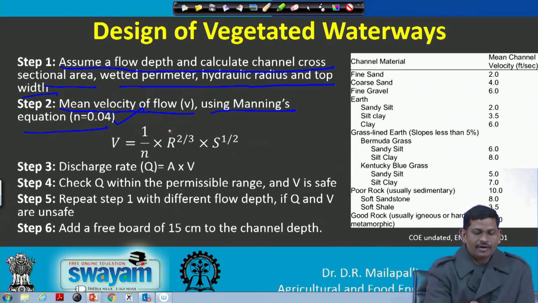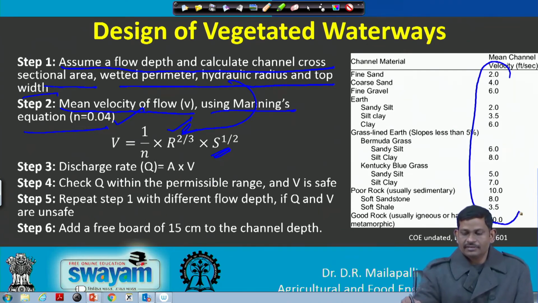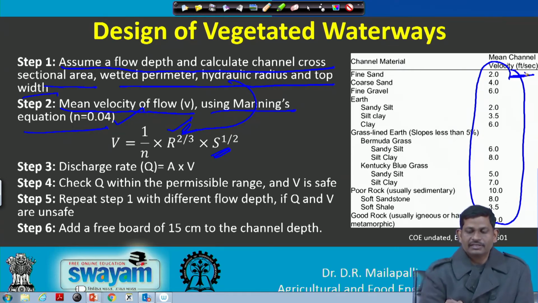R you will get from the assumed cross section, and the S value we have to assume again. For a particular grassed waterway and soil type, you will know the mean velocity, and the discharge will be estimated using Q is equal to A into V. Check that Q is within the permissible range and V is safe.